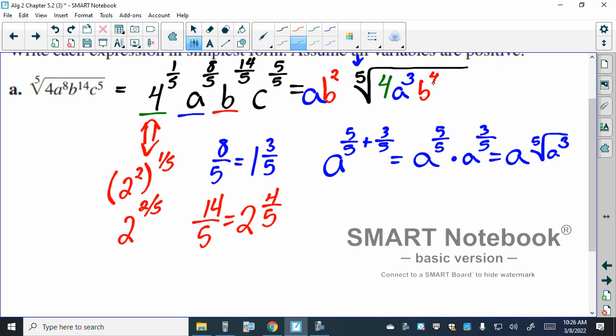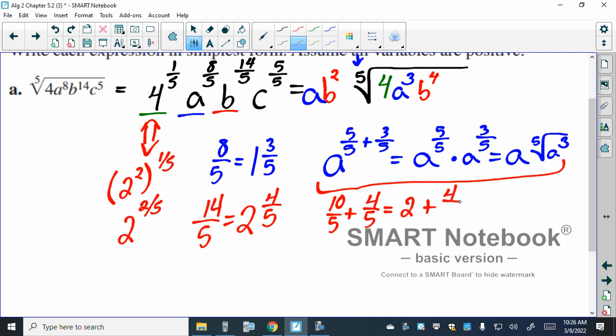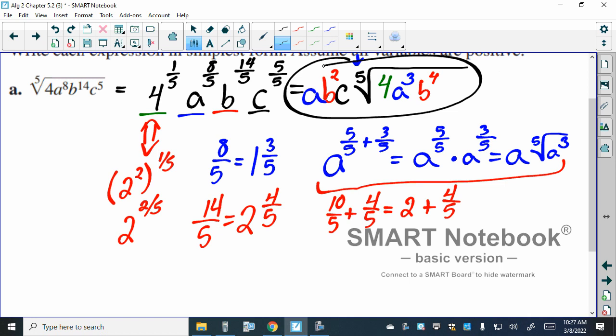Because that's doing the exact same thing as what we just did, is that we're saying that we have 10/5 plus 4/5, which would be 2 plus 4/5, or simplifying it back down. 5/5 is just 1, so we have that's actually it.